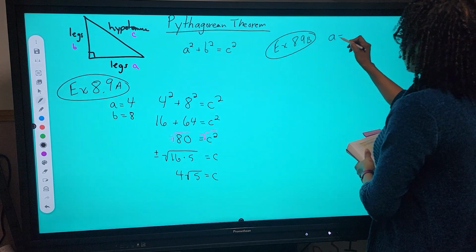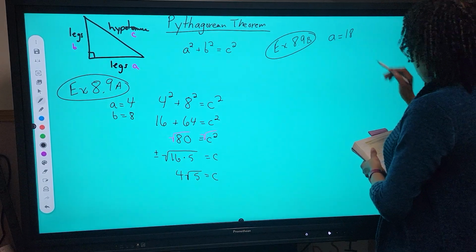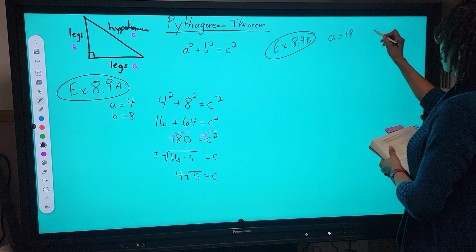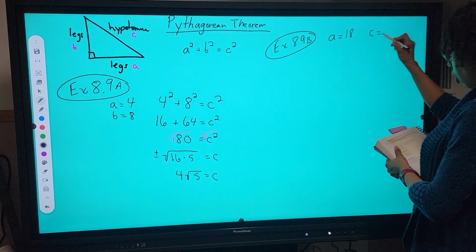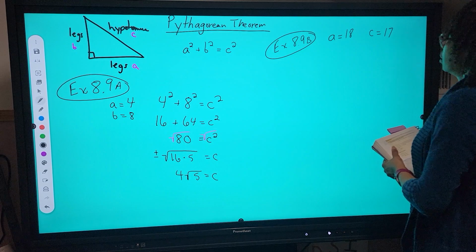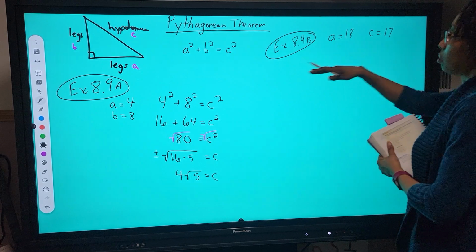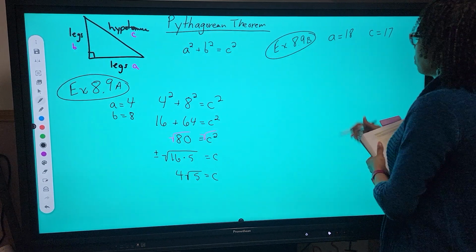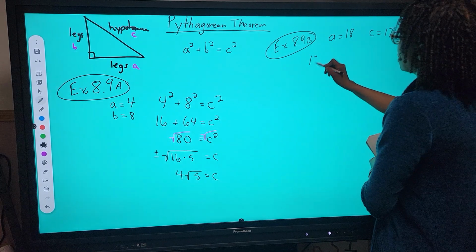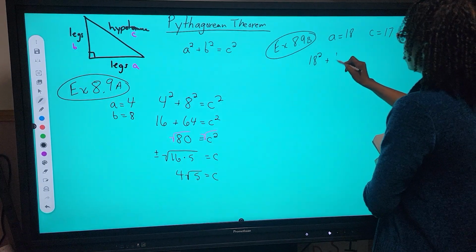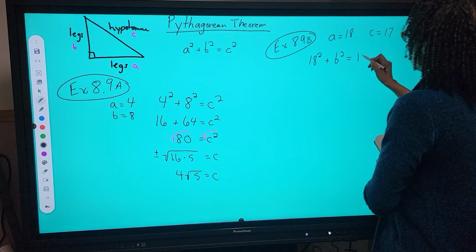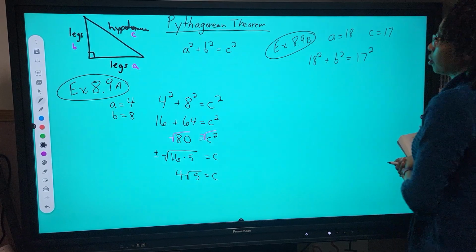So one of the legs, I could have picked A or B, is 8, but the hypotenuse, which is always C, they're telling me it's 17. So we're going to plug it in and solve for the piece that we don't know.